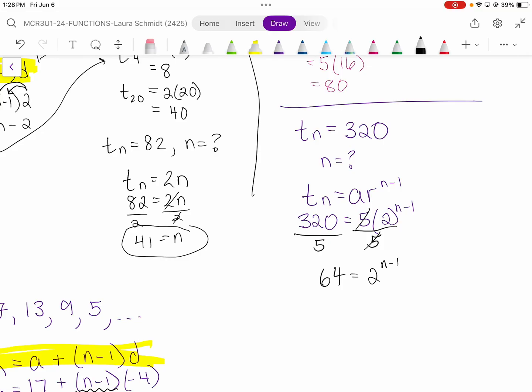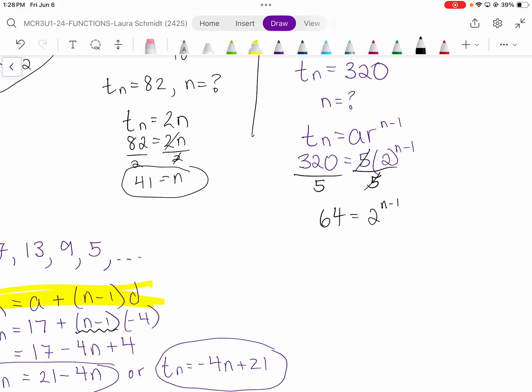Or if you're really good at your 2 exponents, I feel like I know 2 to the 5 is 32. So 2 to the 6 must be equal to 64, right? I think so. Because 2 to the power of 5 is 32, and then we just times it by 2 again, and we're there. So check this out. I could turn 64 into 2 to the power of 6. And then, guess what? If they have the same bases, their exponents must be equal to each other.